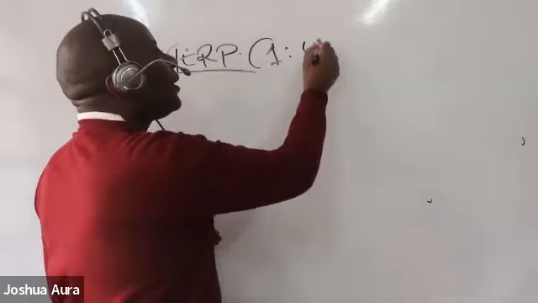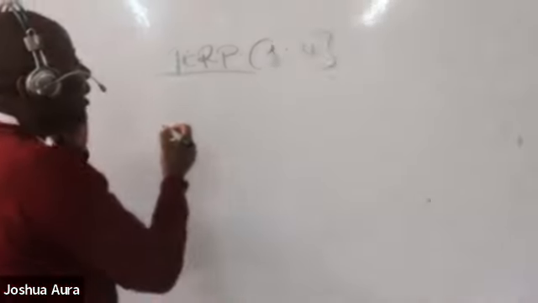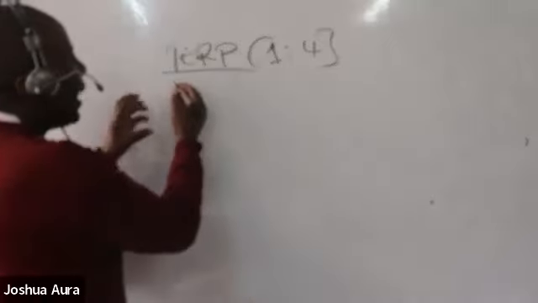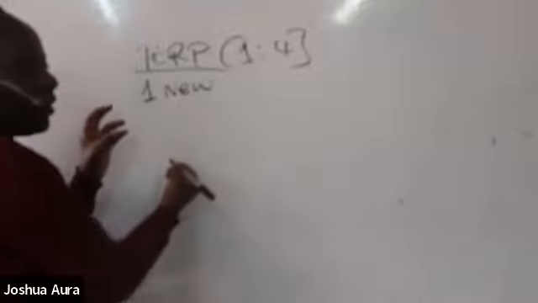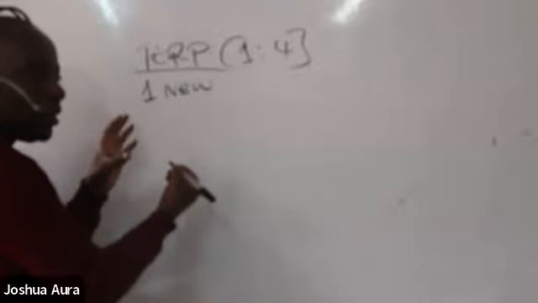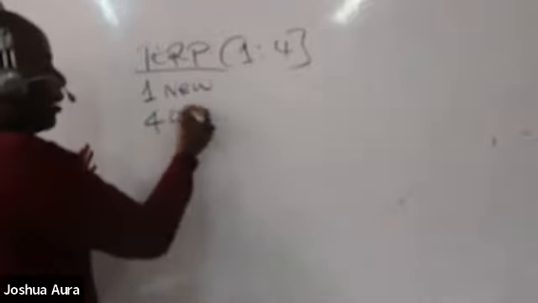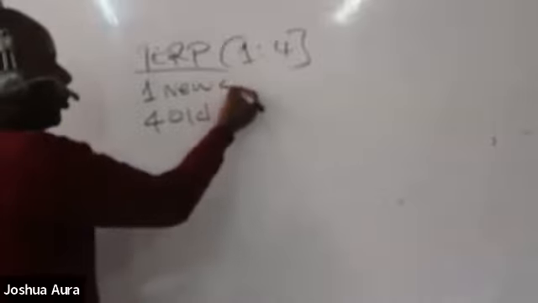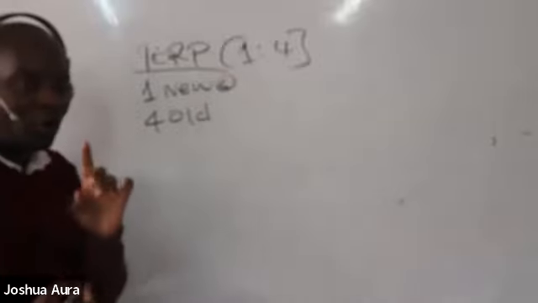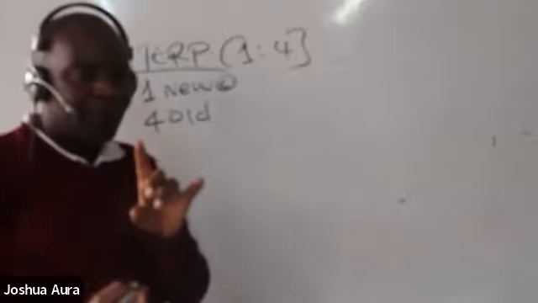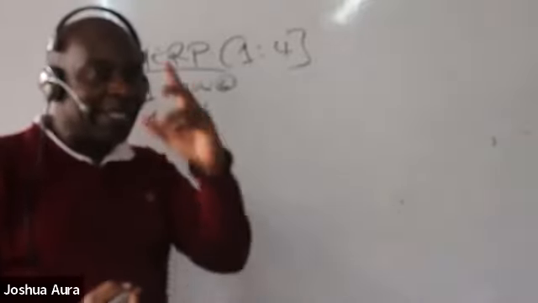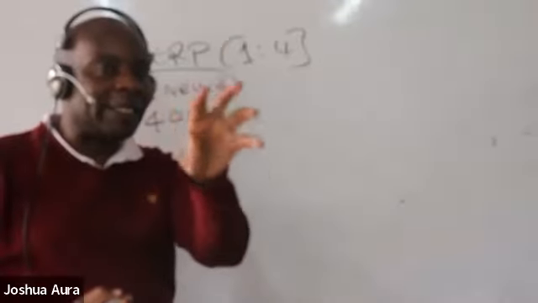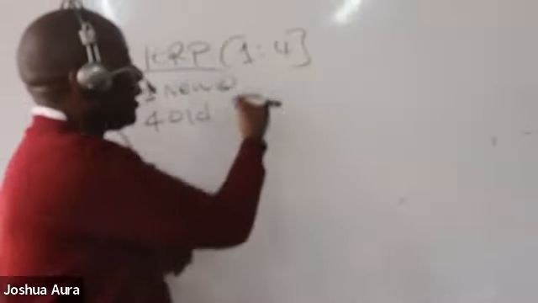Once you tell me that this is 1 is to 4, I will arrange this in the form of a table. Say 1 what here, somebody? 1 new, and how many old? 4 old. So the new shares will be going for how much? The new are the rights shares, given out at a discount, which is 15, isn't it?